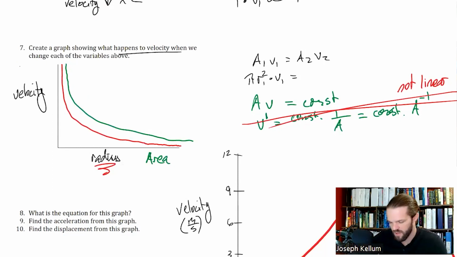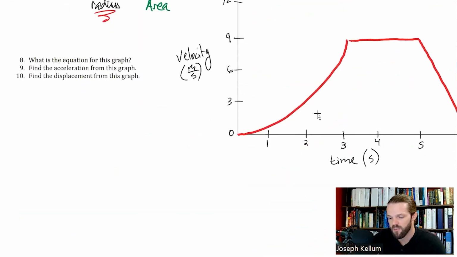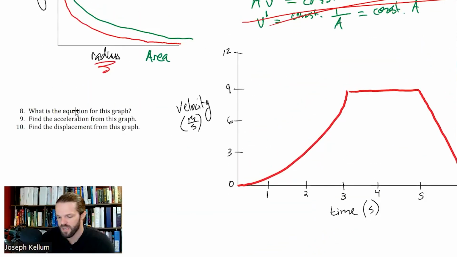So in this scenario, I put, what is the equation for this graph? That would be insane to try to come up with. More importantly, in this graph, we've got velocity on the y-axis and time on the x-axis. So I want to think about how you would go about finding acceleration in this graph. Does anybody have an opinion right off the bat, or a guess that they want to throw out?